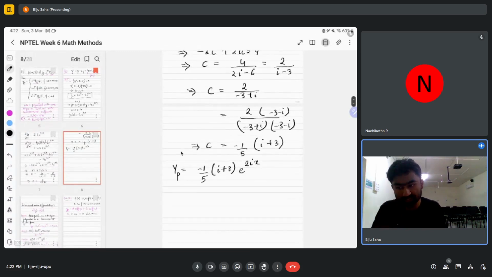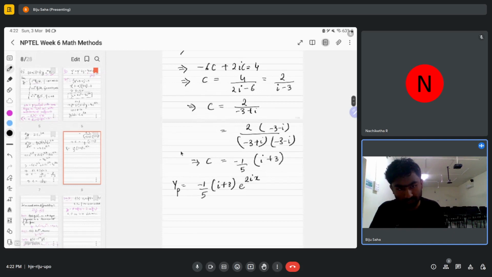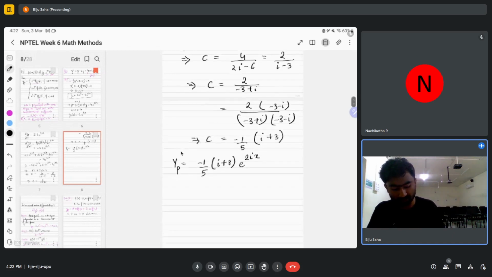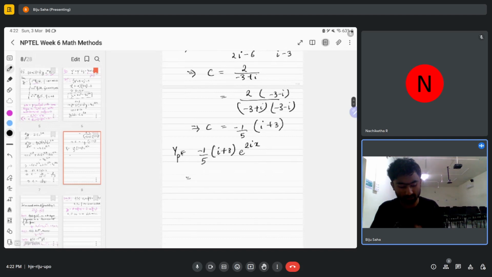Since this is a sine part, what I have to do is take the imaginary part of this entire solution.